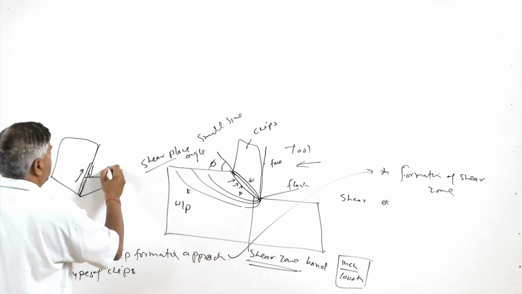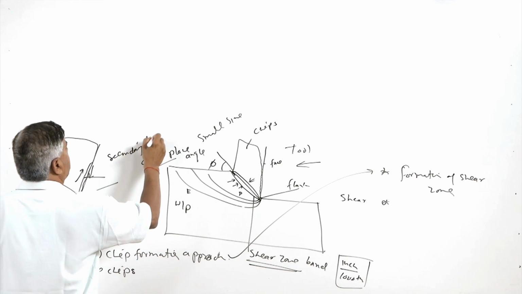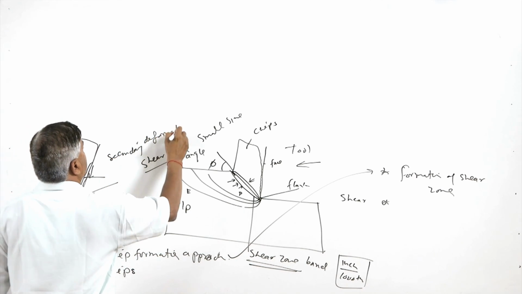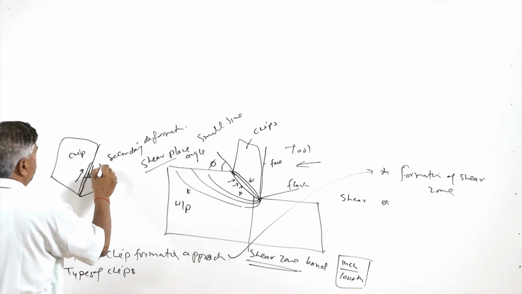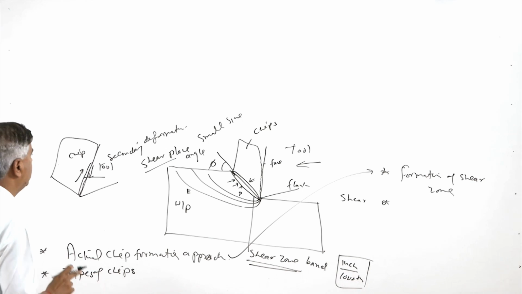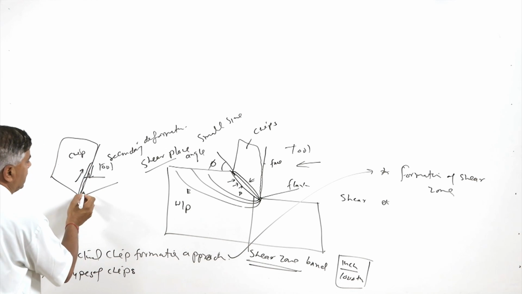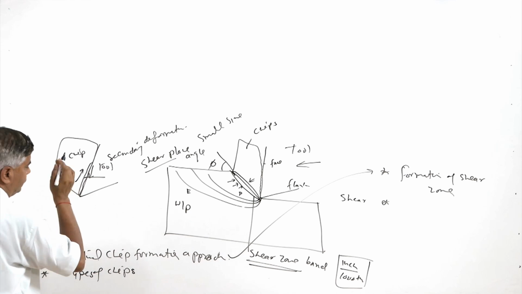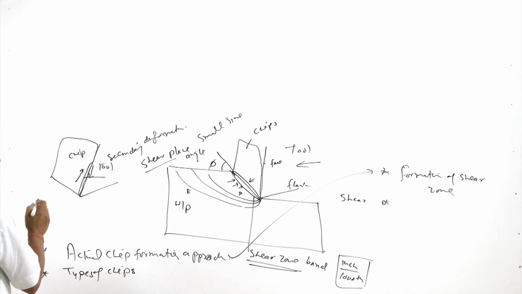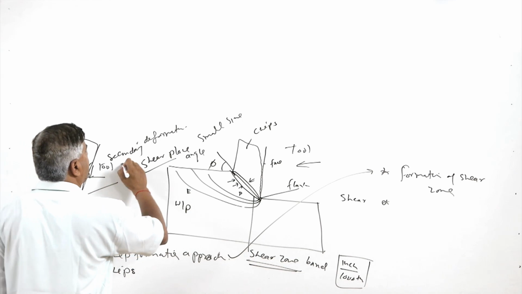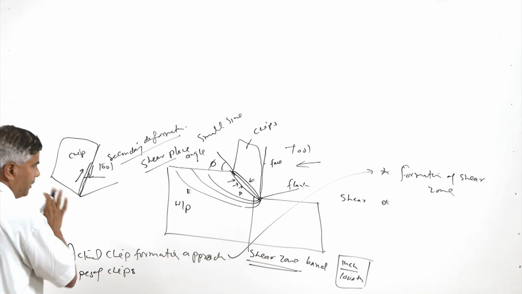So this is called secondary deformation. The deformation occurring at the tool-chip interface, especially in the narrow region of the chips, is called secondary deformation. So there are two deformation zones formed during metal cutting.